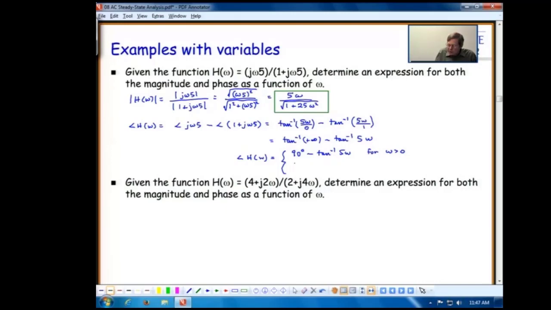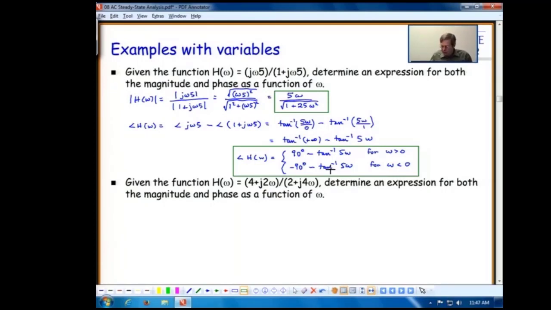And if omega is less than 0, this will be minus 90 degrees, inverse tangent of negative infinity, minus inverse tangent of 5 omega for omega less than 0. So this is the answer for the angle of this function. So we have magnitude and angle.